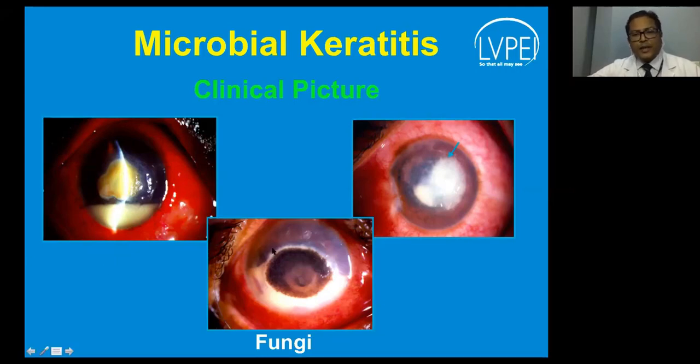So these are typically caused by dematiaceous fungus, where there is a lot of pigmentation on the area of the corneal ulcer.